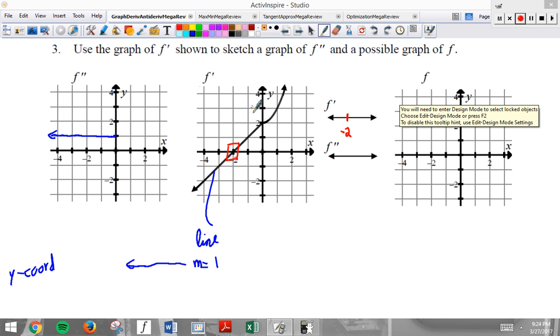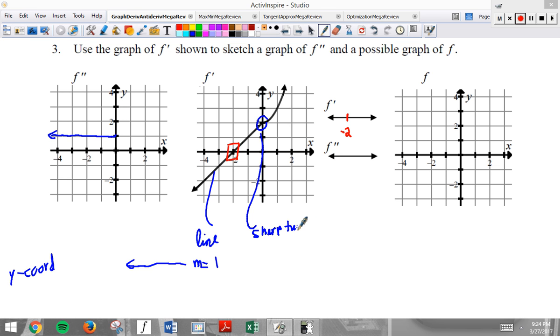Now what's the slope here? Sharp turn. No slope. So it's not there. And then what's going on here? It's kind of hard to tell. Except maybe you would say the slope there is 2? I don't know.